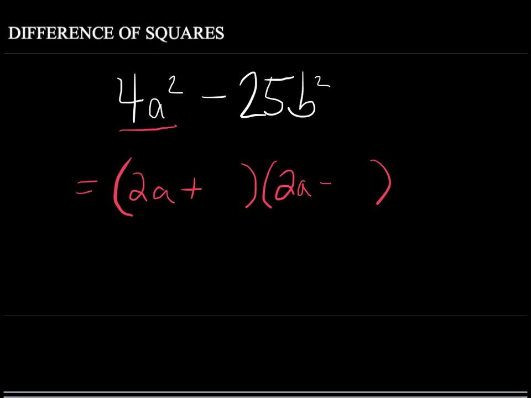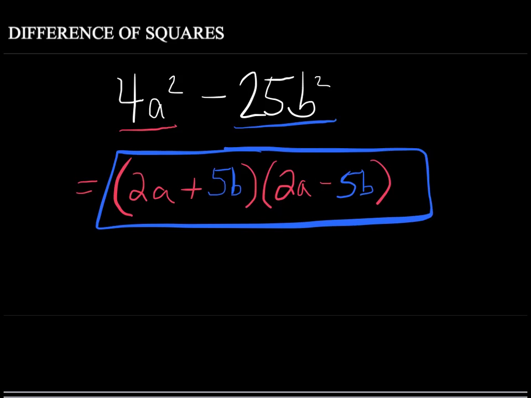And the second term is also a square. That's 5b all squared. So we can put in 5b down here. And in fact, we're done. 2a plus 5b times 2a minus 5b will give us the original expression. Try multiplying it out and you'll see exactly that.